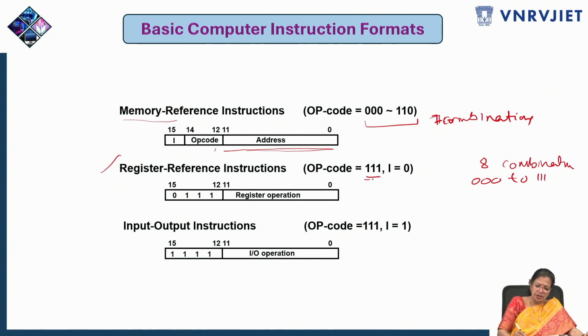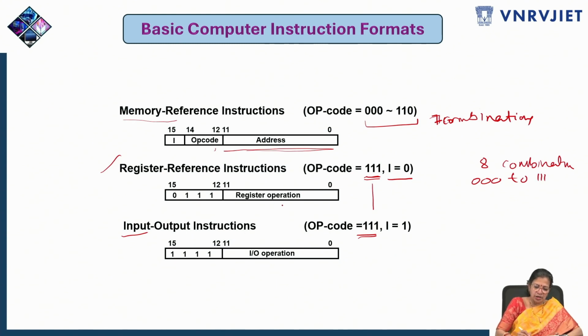And the 8th combination in the opcode section, with 3 ones: if I is 0, that is understood as a register reference instruction. If I is 1, that is referred to as an input output instruction. So with opcode bits 12, 13, 14 as 111, in these two cases the opcode is the same. If I is 0, they are register reference instructions. If I is 1, they are input output instructions.